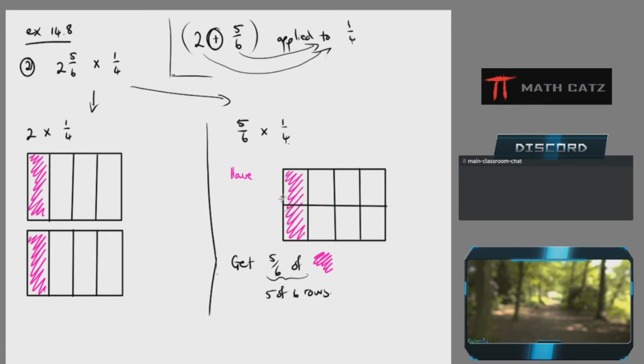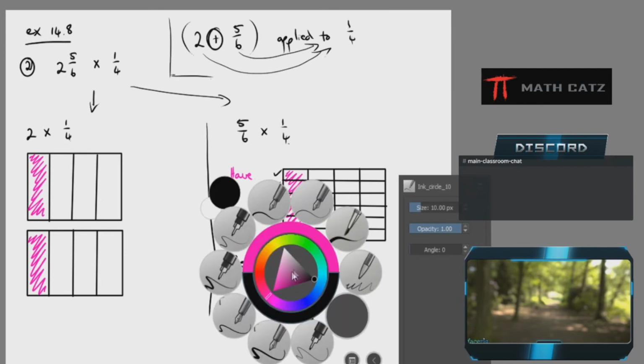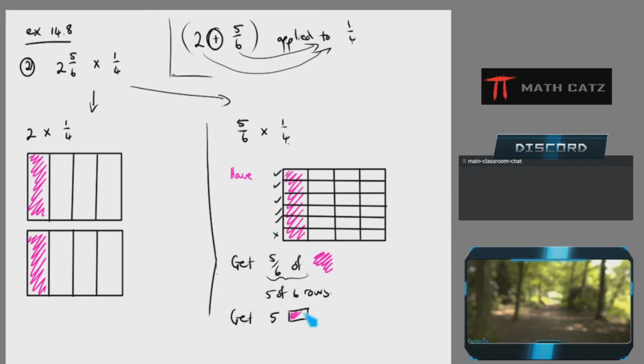So split it in half, and then each half into 3 pieces. This tells me I can keep 5 of them. Ooh, that's not bad. So that means I get 1, 2, 3, 4, 5 little pieces, because only from the pink I can take 5 little pieces. Like so.